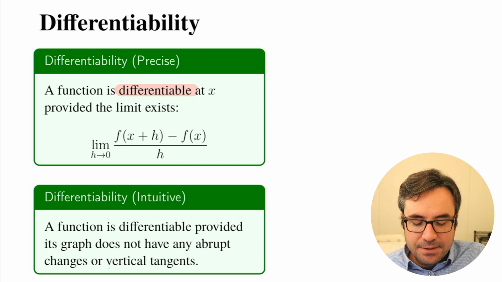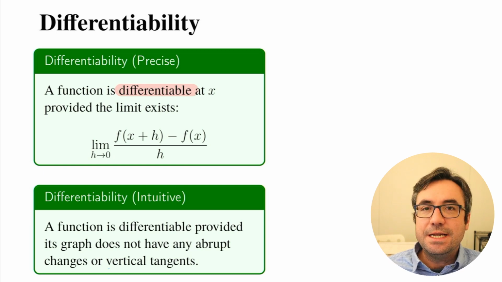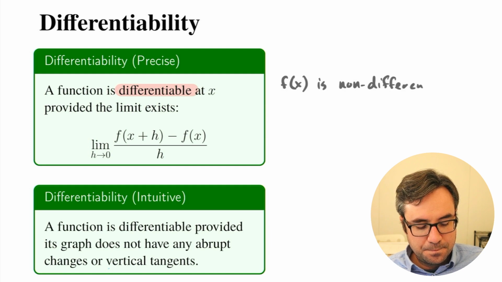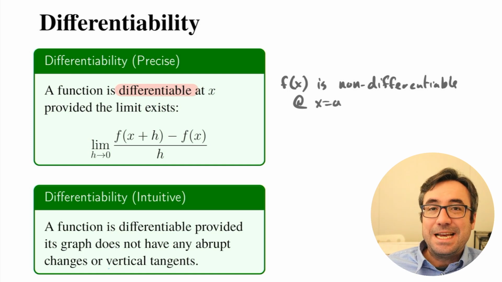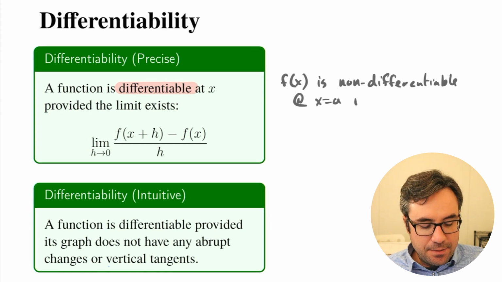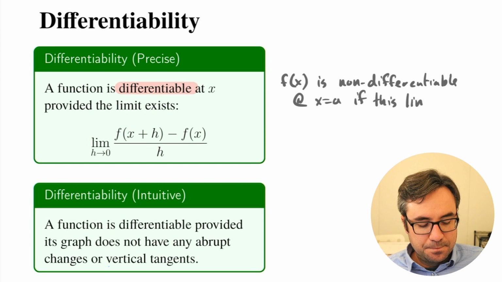And when that happens, we say that our function is non-differentiable. So our function is non-differentiable at some x value, x equal to a, if this limit does not exist.